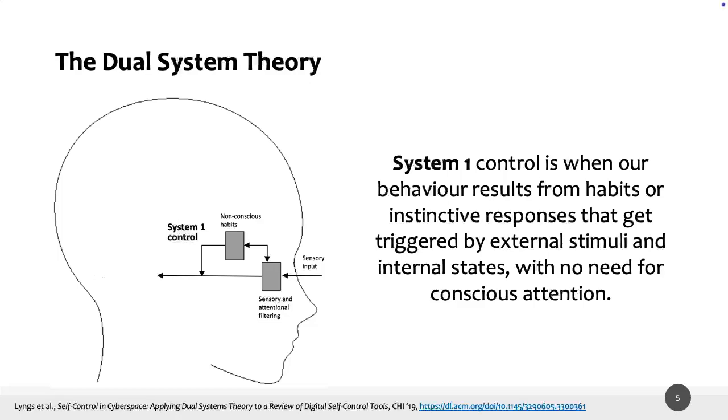So system one control is when our behavior results from habits that are almost automatic, unconscious. And these habits get triggered by external stimuli, the context, and also internal states, with no need for conscious attention. So for example, when you find yourself picking up your smartphone during any moment of downtime or during a lesson to check for notifications out of habit.